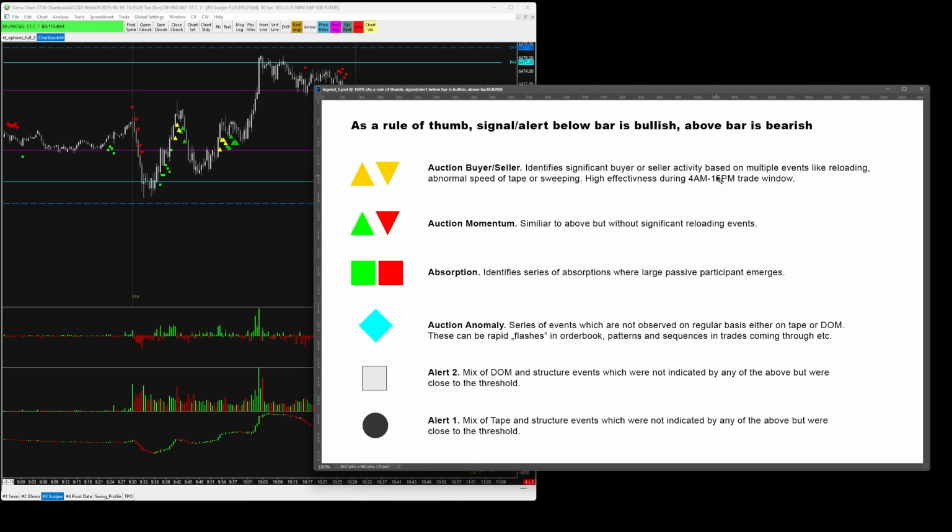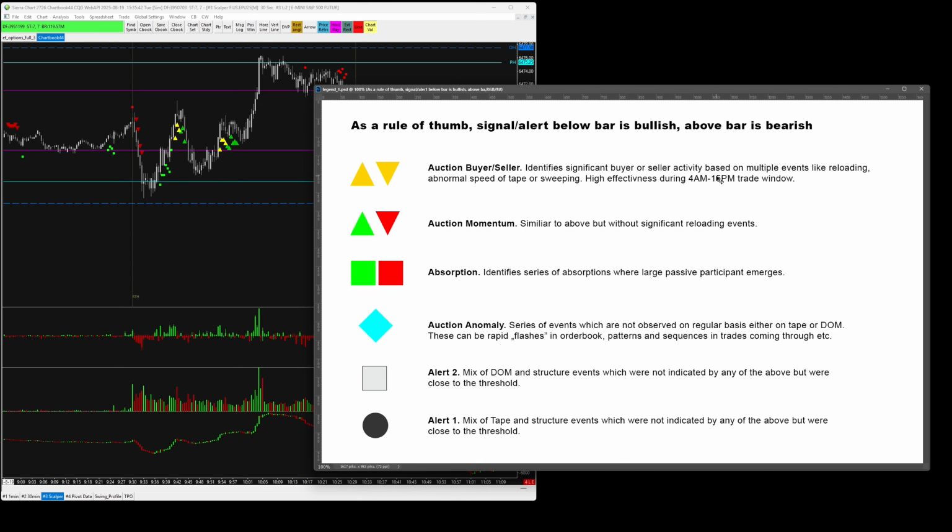Okay, so basically all these things are easy, or relatively easy, to see on the DOM and on the tape. And that is what it's based on, right?